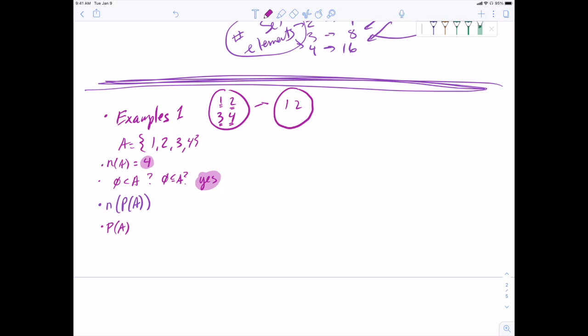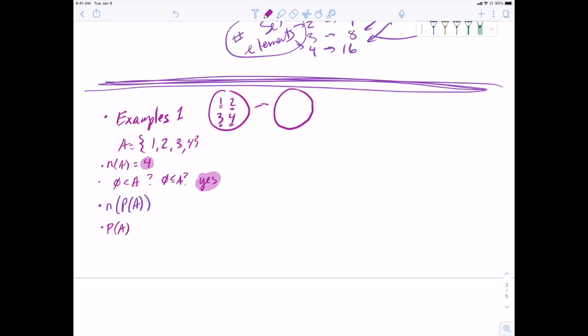So 1 and 2 is a subset. 1, 2, 3, 4 is a subset. I could take the 3 over. That's a subset. But I can also choose to take nothing. I could take nothing over, and that is a subset and a proper subset of A.